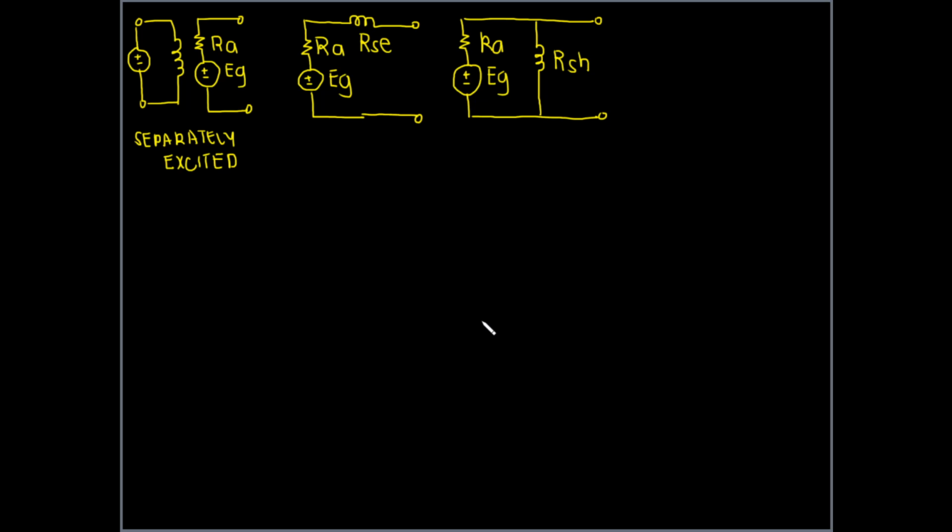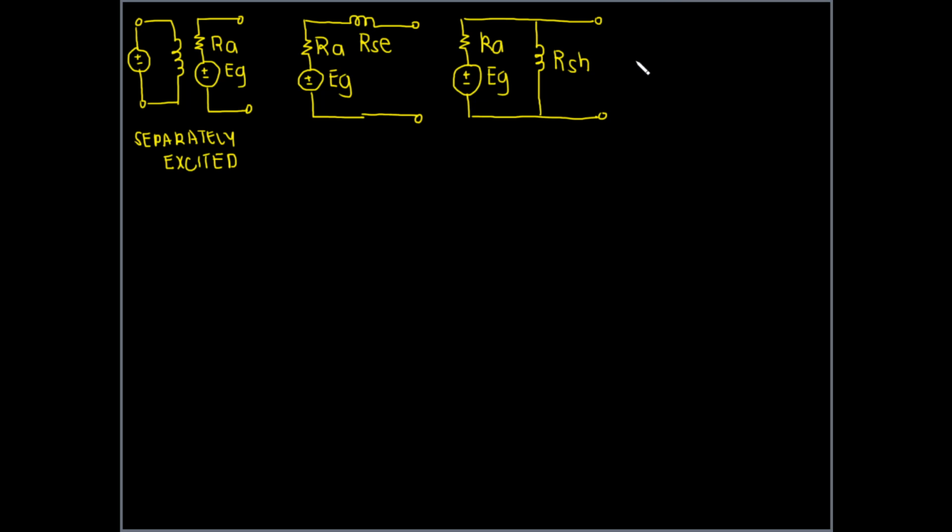And again, the nature of that being, if you connect a resistance in parallel, it should be high so that its effect is going to be negligible. It should be high in value, and you can of course attain a high value of resistance if your length is long and your cross-sectional area is small, or if the conductor is thin. So these field windings are usually fine wires of many turns.